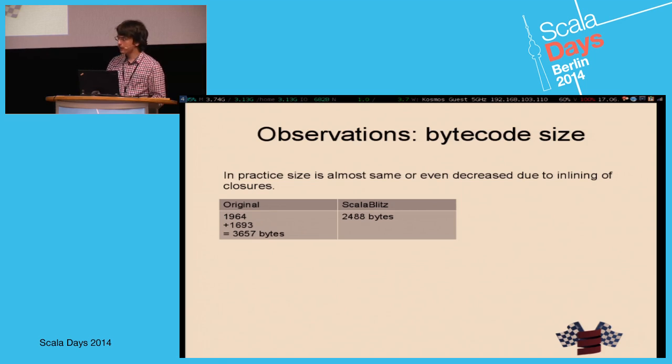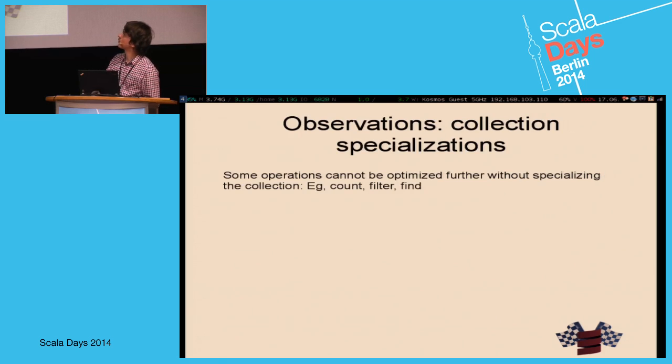The other thing I wanted to share about observations while developing it is that some Scala collections are not specialized. Scala ranges store integers, and they always store integers. Scala arrays are actually Java arrays, so they store integers, doubles and booleans as primitives.